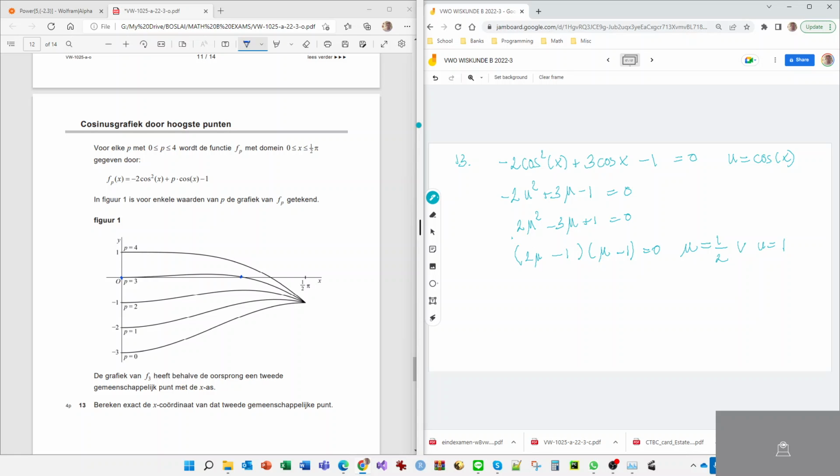So where is the cosine of x equal to 1? Or let's start with 1/2. Well, remember your standard angles. That's really important. It comes over and over again. I guess you can put it in the graphic calculator and just figure out what it should be as well.